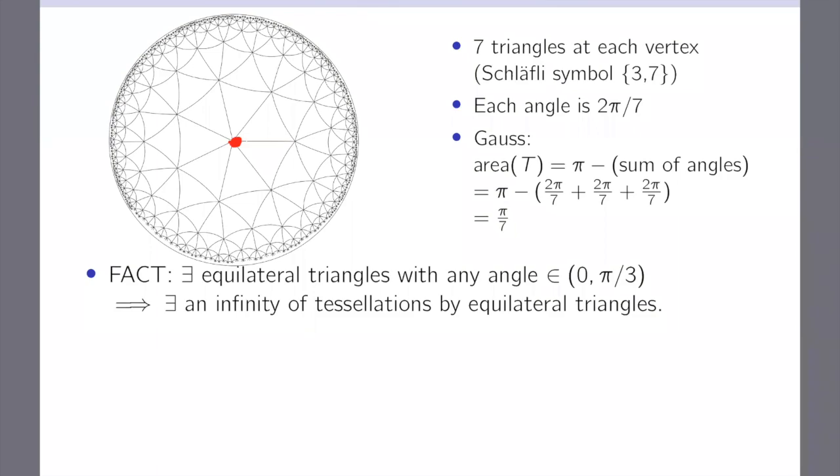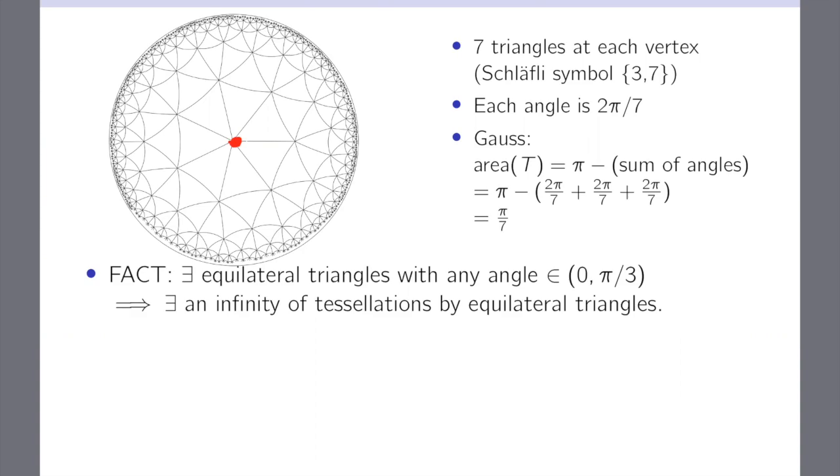Now, the area formula can be deduced from the Gauss-Bonnet theorem, which we're not presenting here, but another cool fact is that if you have a triangle with angles pi over a, pi over b, and pi over c, and the sum 1 over a plus 1 over b plus 1 over c is less than 1, the triangle is hyperbolic; equal to 1, it's Euclidean; greater than 1, it's spherical. That also can be deduced from the Gauss-Bonnet theorem.